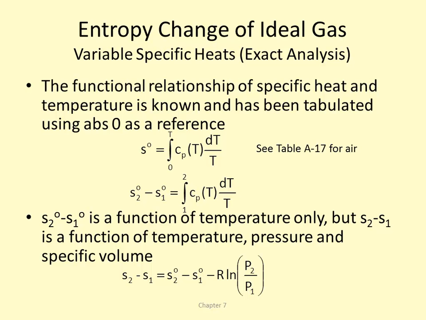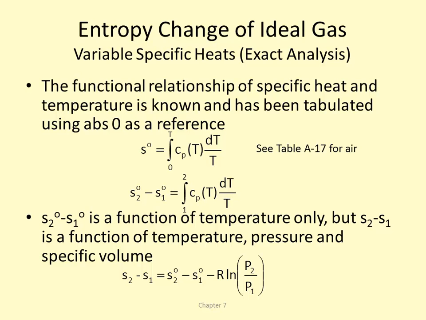Then we can plug it into this equation, which calculates the actual change in entropy, taking into account the change in pressure. So if the pressure is constant, then this P2 over P1 goes to 1, and the natural log of 1 is 0, and this term drops off. So if it's a constant pressure process, then your reference entropy is equal to your actual entropy because it's a function of temperature only.